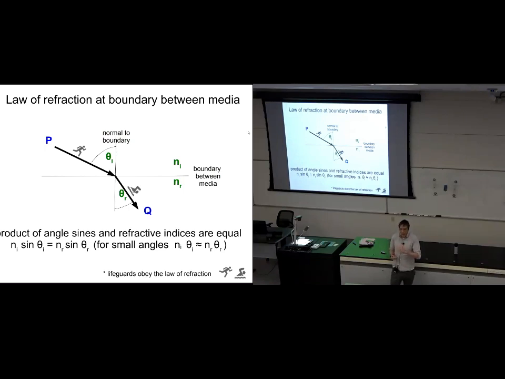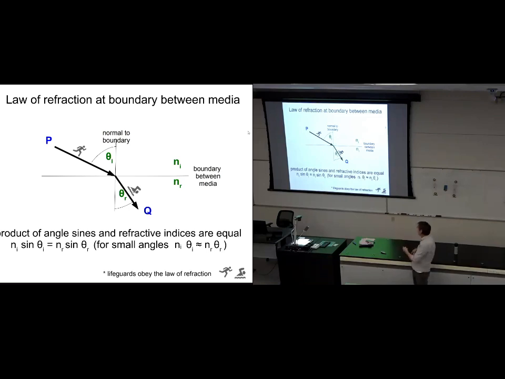So lifeguards know the law of refraction. Every lifeguard knows the law of refraction. And I want to explain why that is. Here comes this ray heading inwards to the boundary between the two different media, and here's the outgoing ray. And you see in this case here, the refractive index of the upper medium, N1, is smaller.